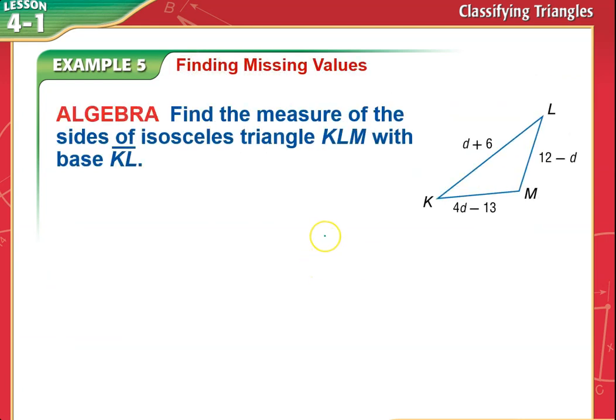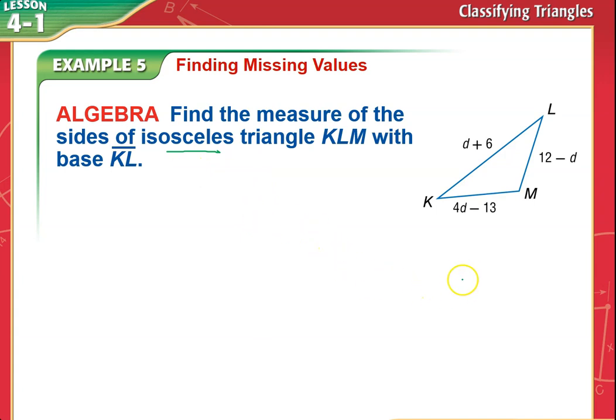Find the measure of the sides of the isosceles triangle KLM with base KL. As soon as they tell me it's isosceles, we know that at least two sides are the same.